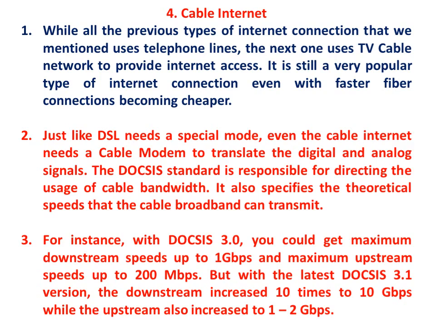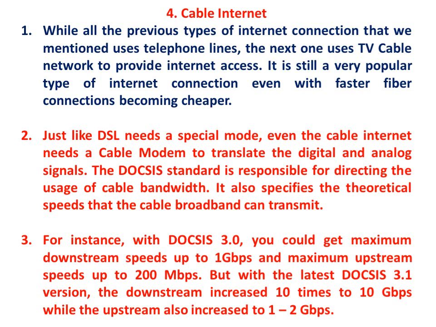The DOCSIS standard is responsible for directing the usage of cable bandwidth. It also specifies the theoretical speeds that cable broadband can transmit. With this cable modem, a downstream speed of 1 Gbps has been achieved, and a maximum upstream speed of up to 200 Mbps was also achieved.